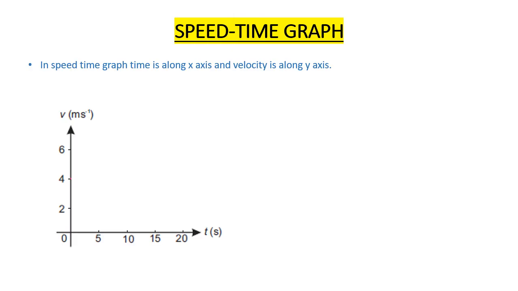Now we will study the speed time graph. This is the speed time graph, and as you can see, along the x-axis we have time and along the y-axis we have velocity. Make sure whenever you are writing the quantities along their axes, you write the units with them. Now there is a question: why do we study the speed time graph?